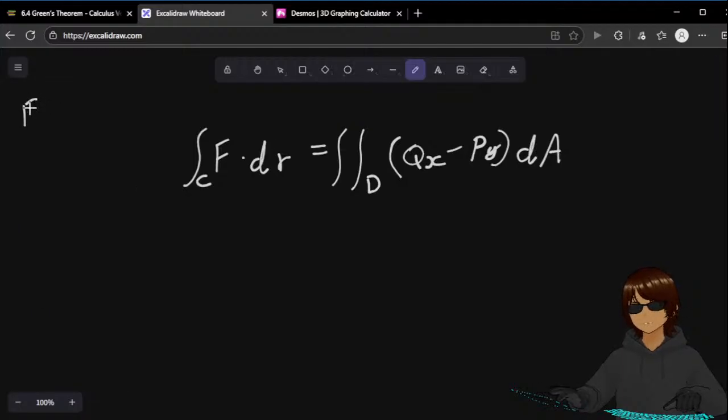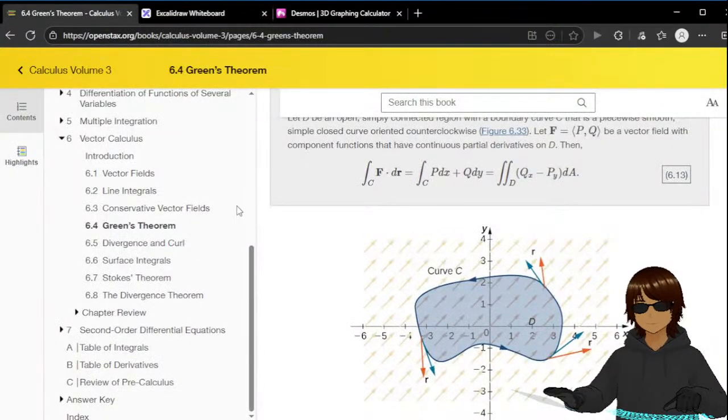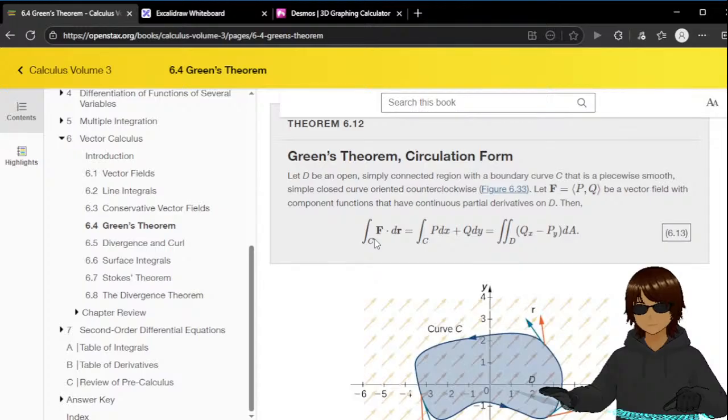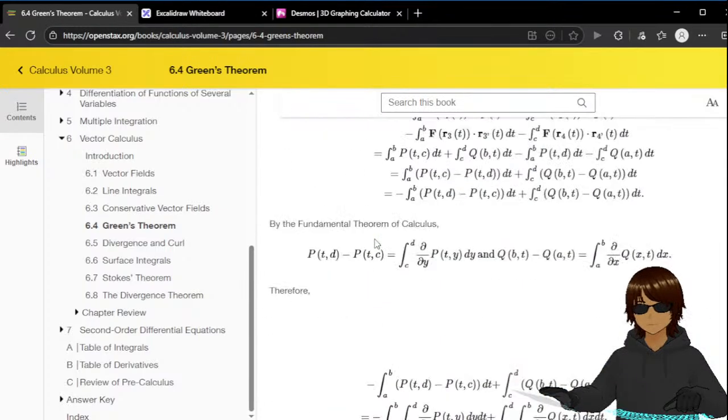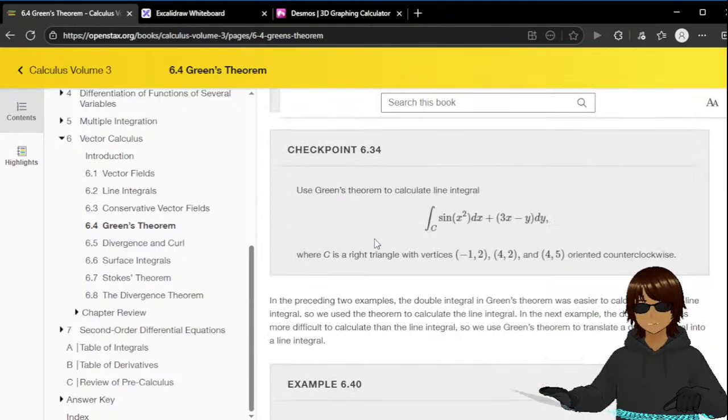Also, F is defined like this. F is a vector field. Also, there was another one.